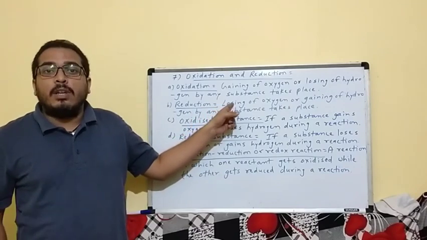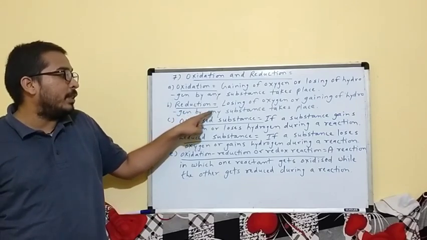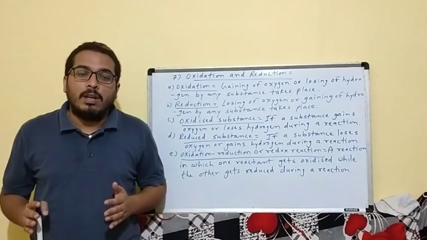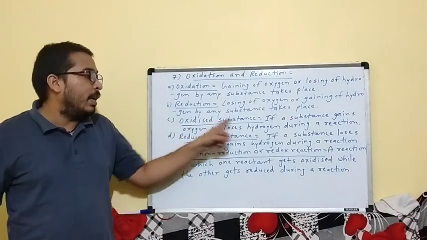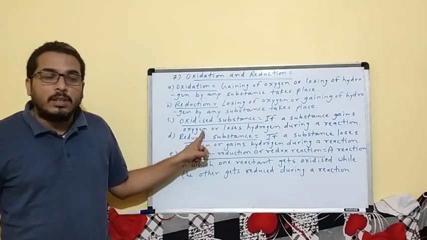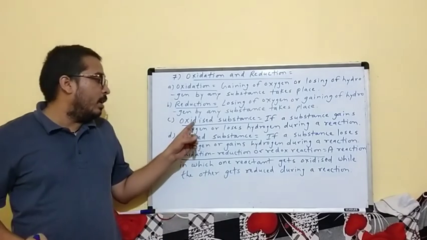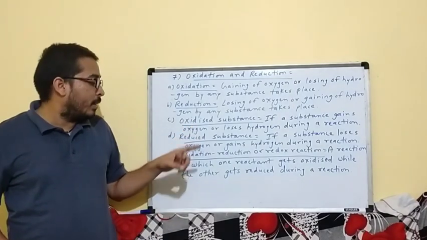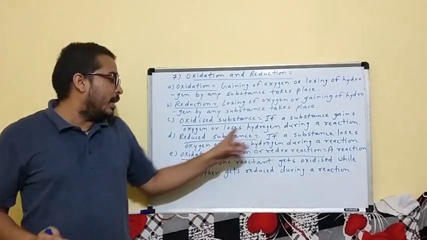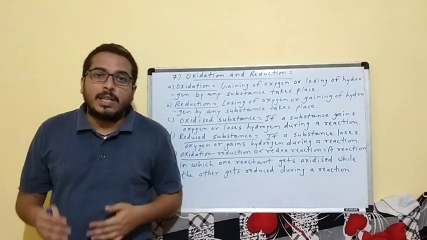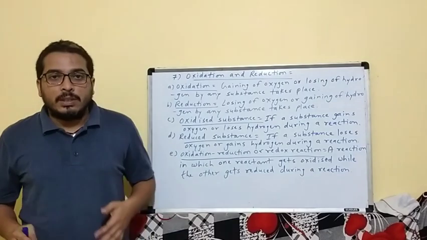The second one is reduction reaction. The reaction in which losing of oxygen or gaining of hydrogen takes place by any substance is called reduction reaction. Next is oxidized substance. If a substance gains oxygen or loses hydrogen during a reaction, it is called oxidized substance. Fourth one, reduced substance. If a substance loses oxygen or gains hydrogen during a reaction, it is called reduced substance.